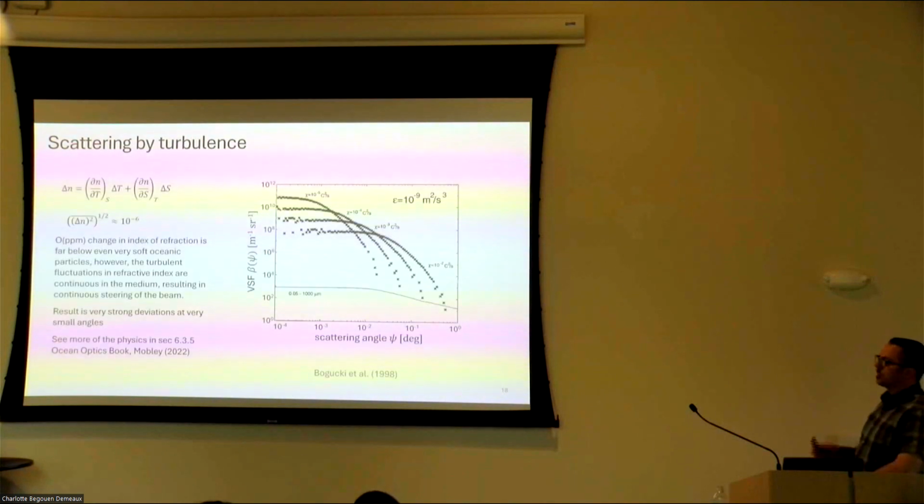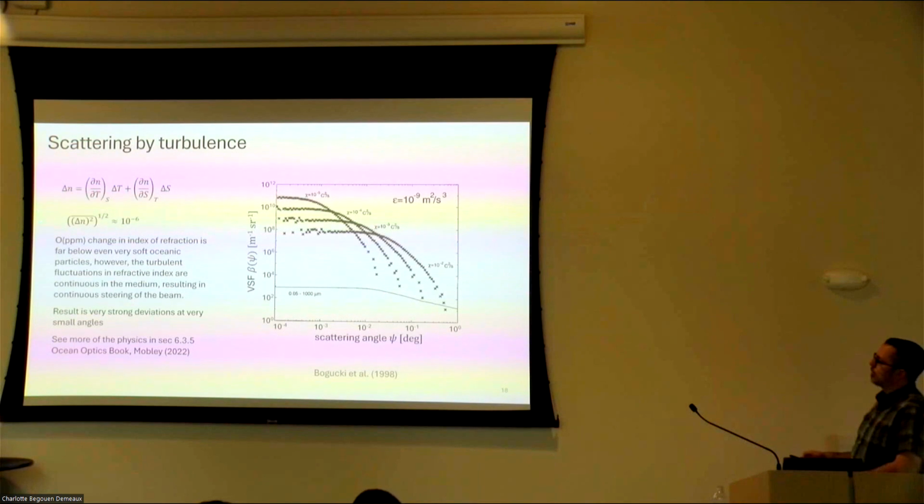Turbulence. Kurt's got a very good explanation of the general idea of how turbulence in seawater affects the scattering. The gist of it is that, again, density fluctuations cause fluctuation in index of refraction. So if you think of density as temperature and salinity changes, you can look at how the index of refraction varies based on fluctuations in temperature and salinity.